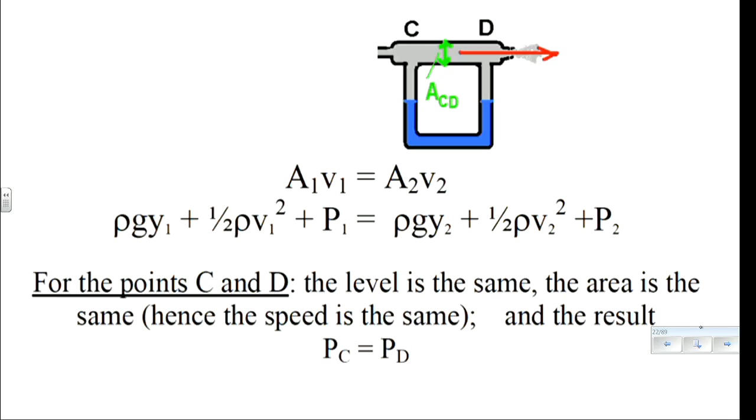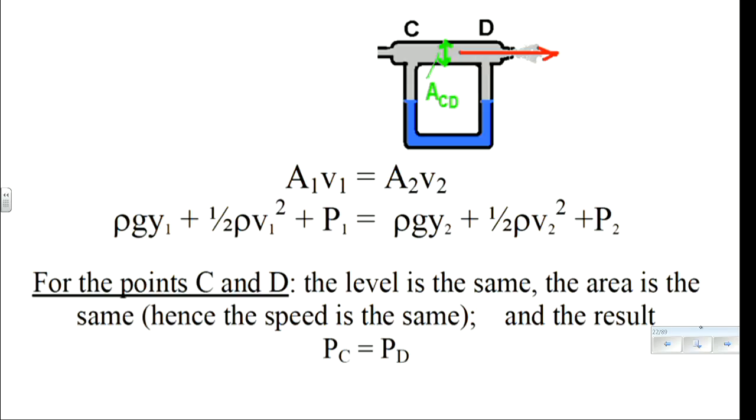Same diameter, same area, same speed. So now we can go to this equation. Same height, so no difference in potential energy. Same speed, same kinetic energy, which means the pressure here and here are the same. That's why we don't see any difference here.